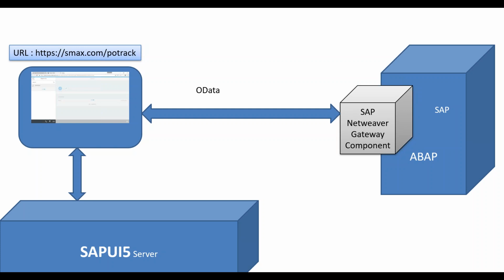So that arrow should be from the UI5 server to the SAP NetWeaver Gateway, or from the UI5 interface to the NetWeaver Gateway. Oh, you are saying UI5 or GUI? It's UI5, right? Yes. Okay, right.